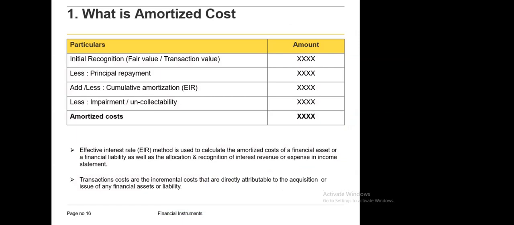For your simple understanding, you can take the example of the security deposits that you have given. That will be purely considered as amortized cost, because once the maturity of your lease agreement comes, you will get the money back, and that money will have the component of principal and interest.